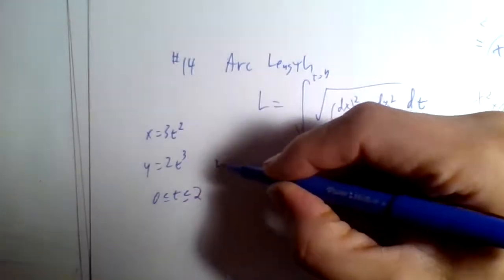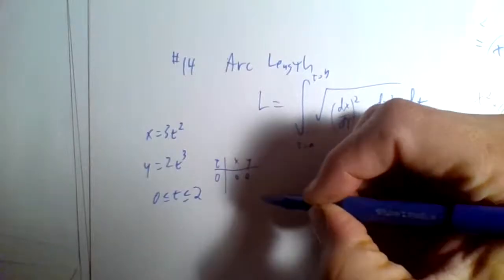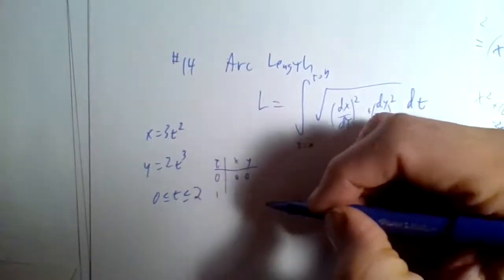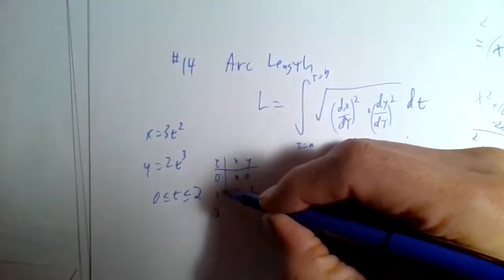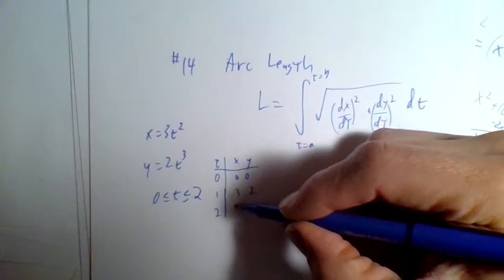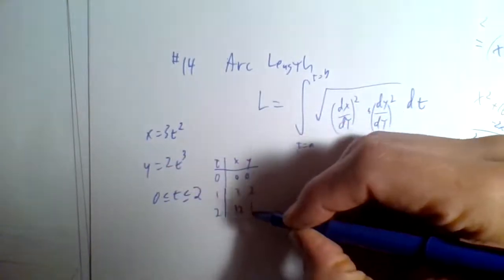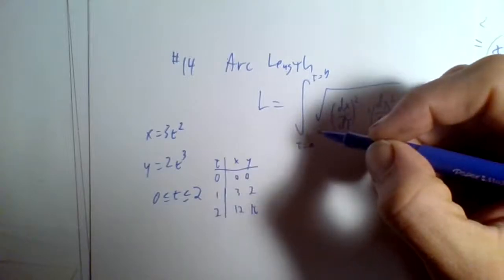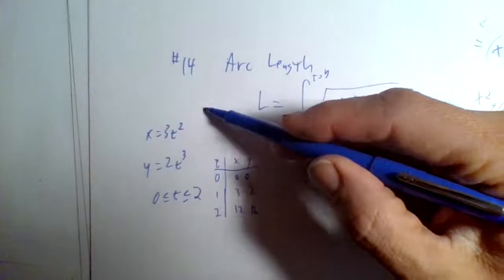When t is 0, we get 0 at both of those, so we're at the origin. When t is 1, I'm going to go through 3, 2. And when t is 2, I'm going to be at x is 12 and y is 16. So we're going off into the first quadrant here. X is positive and y is positive when t is positive.